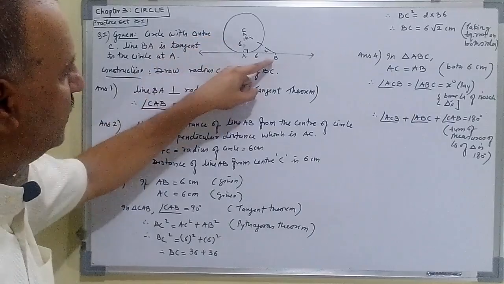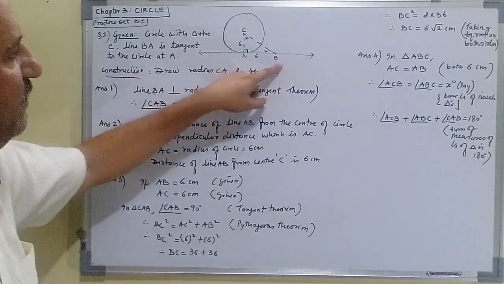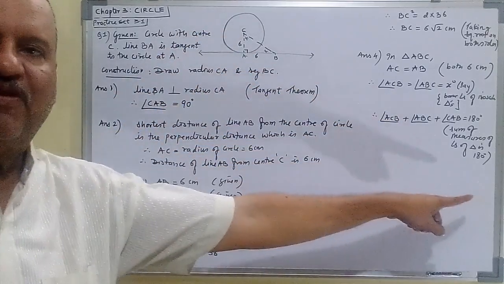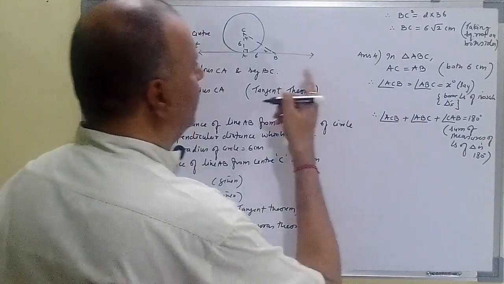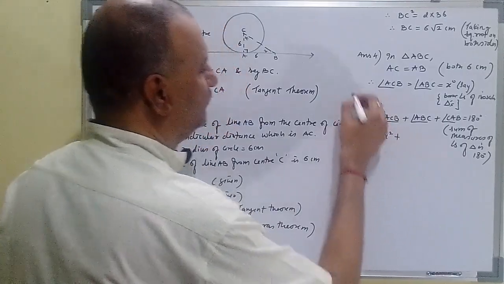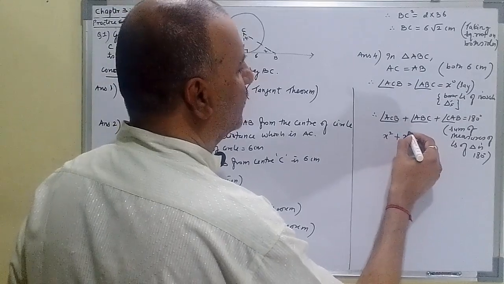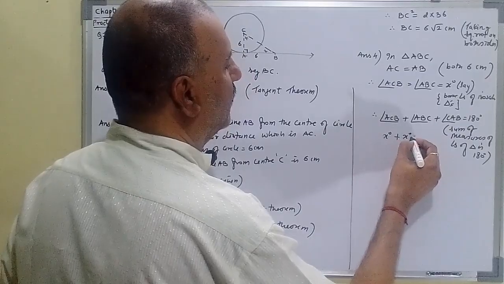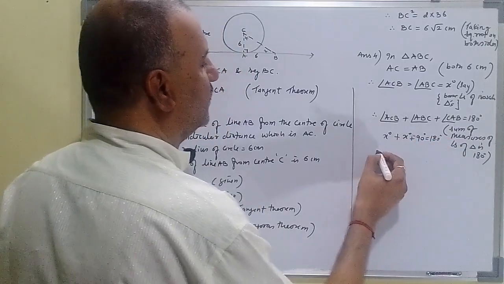Therefore, in triangle ACB, angle ACB plus angle ABC plus angle CAB equal to 180. Sum of measures of angles of a triangle is 180. Substitute करो. ACB कितना है? x degrees. ABC ये भी x degrees, plus 90 degrees equal to 180 degrees.